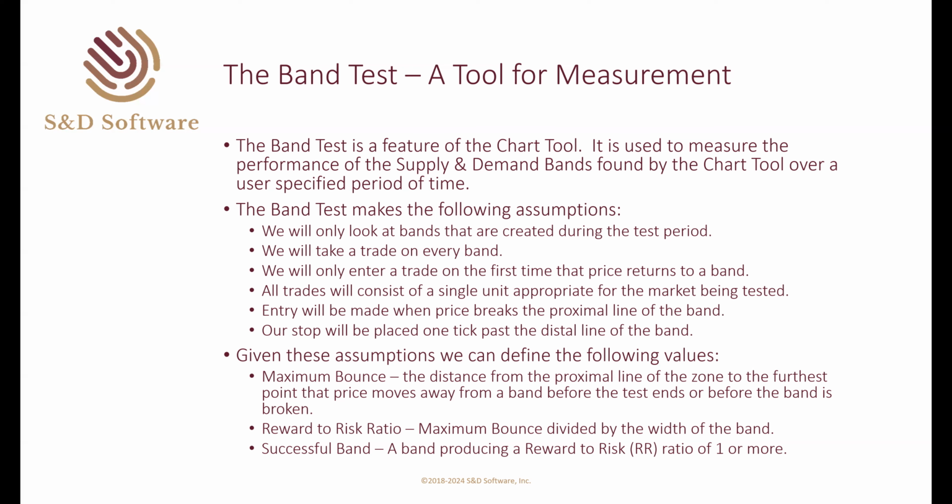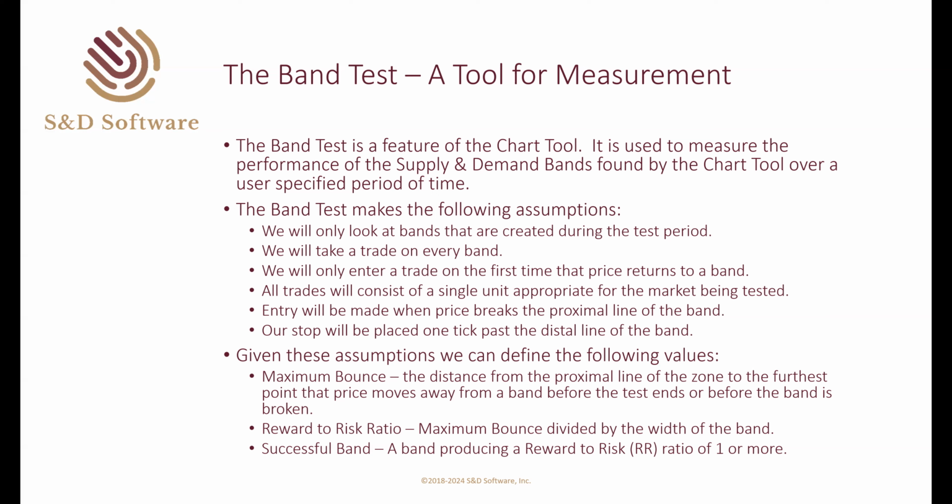Now, that's a statement about tracking. When we are doing the band test, we will be taking into account bands that were created before the band test started, because they will affect what bands are actually created during the band test.